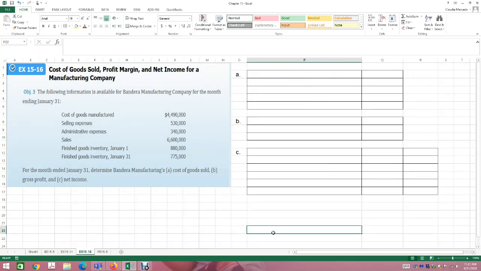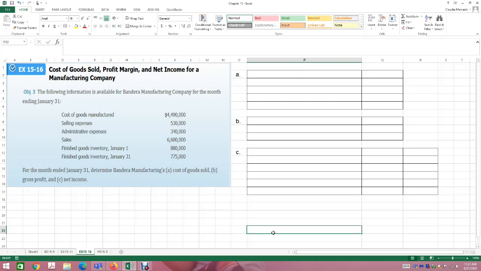The third problem I'm going to be going over is exercise 1516. This problem reads, this is dealing with cost of goods sold, profit margin, and net income for a manufacturing company. It says the following information is available for Bandera Manufacturing Company for the month ending January the 31st.